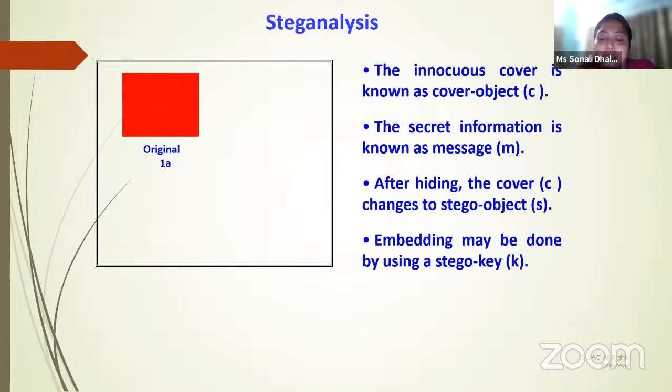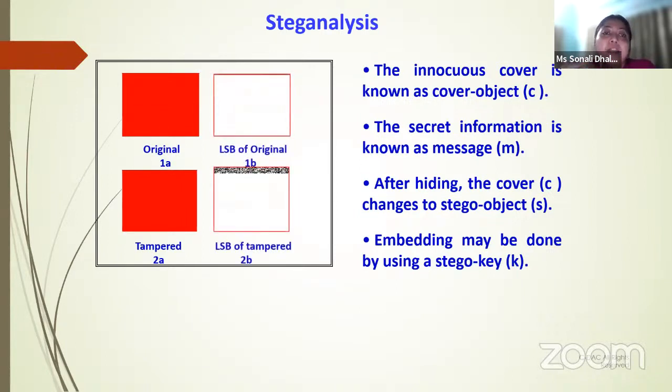Now this is a schematic diagram. The first one, 1A, is the original image, that is the cover image, and the second one is a tampered one. With the bare eye, nothing can be seen. Now let me analyze this. First, I am plotting the LSBs.